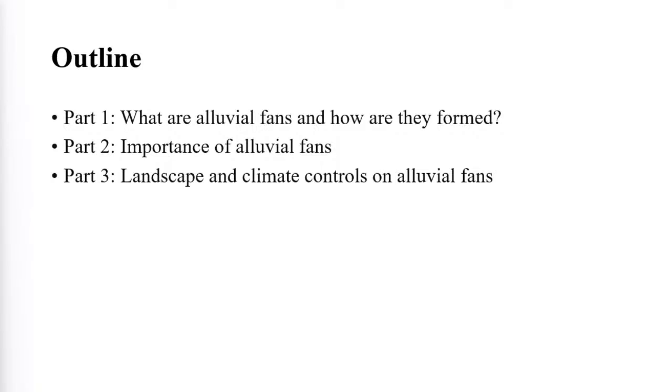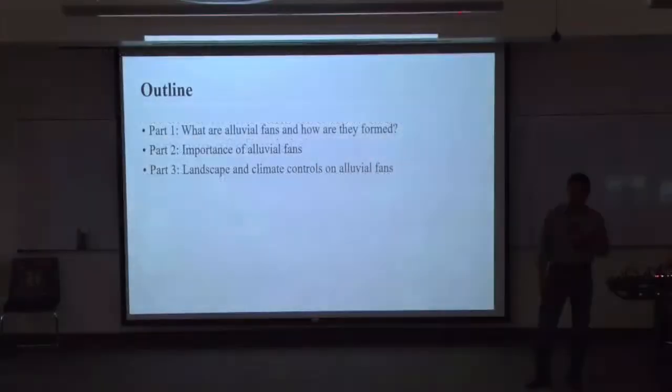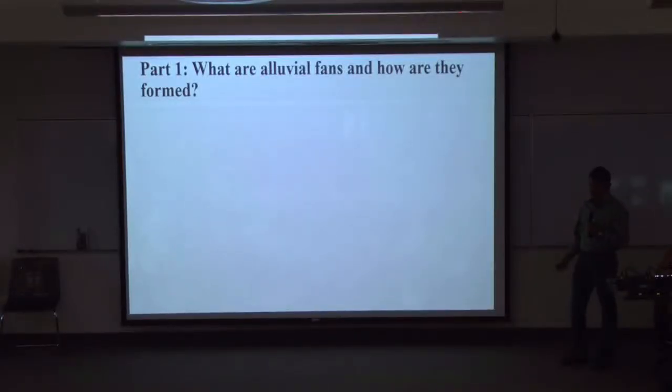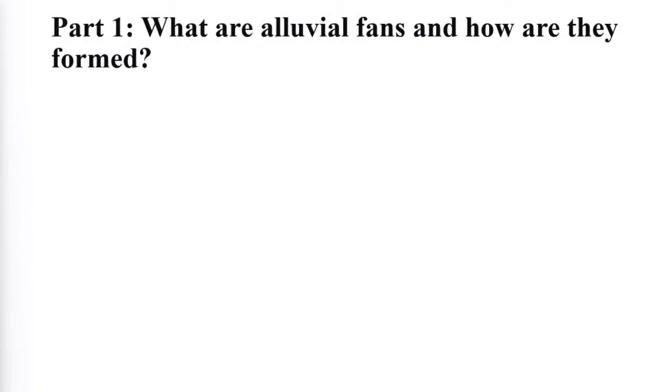In section 2, we'll talk about the importance of alluvial fans, and then in the last section, we'll talk about the landscape and the climatic controls that are exerted on fans to change the shape or the characteristics that they have in different regions. Okay, so let's start with the first part, which is defining what an alluvial fan is.